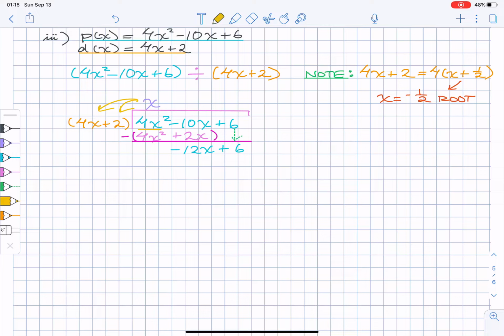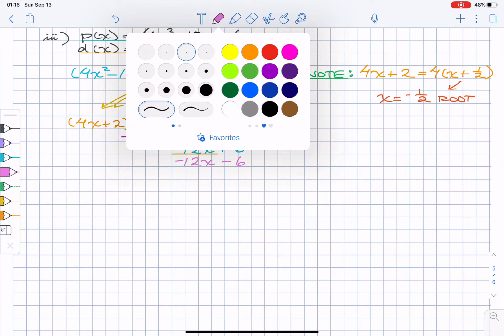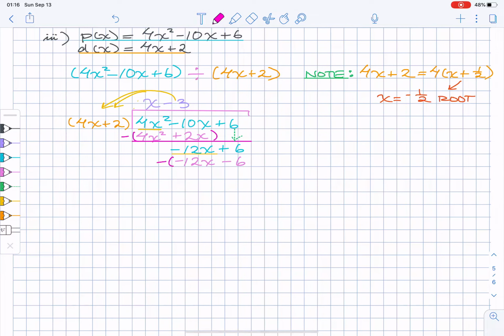And we start again. What do I need to multiply 4x by in order to get negative 12x? And I claim that that will be negative 3. So multiplying the whole divisor by negative 3, we get negative 12x minus 6, which I'm then going to subtract from the line above. Thank goodness it doesn't give me a 0 remainder.